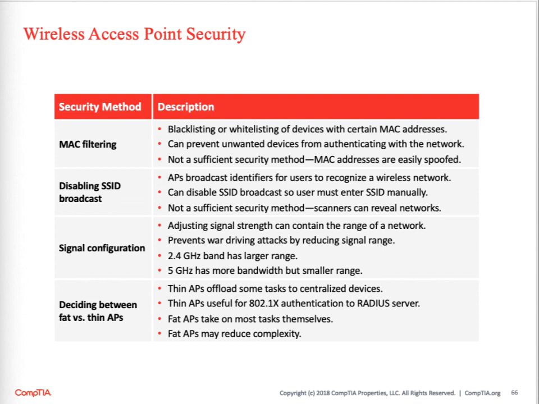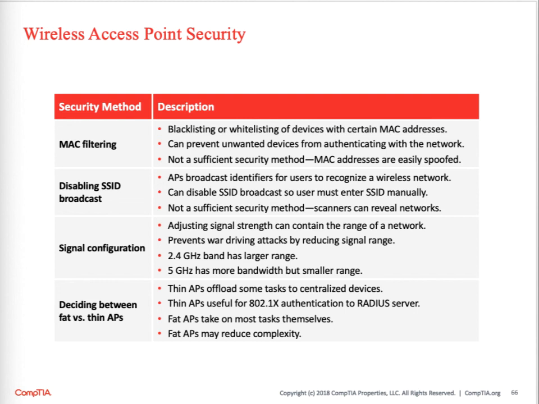We can choose to disable that SSID broadcast so that users have to know that there is an SSID in order to connect to it. Disabling the SSID broadcast can protect against casual user snooping. However, we shouldn't rely on it because network scanners can easily reveal that there is a Wi-Fi network available.